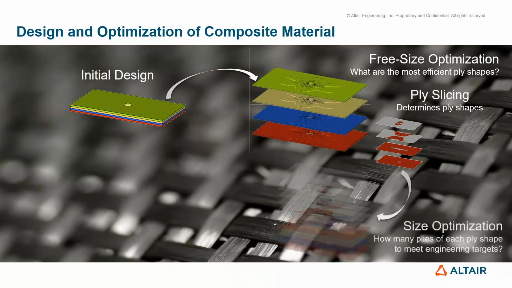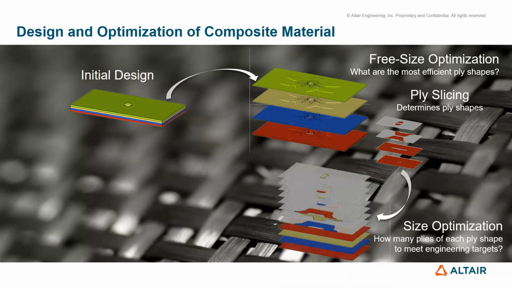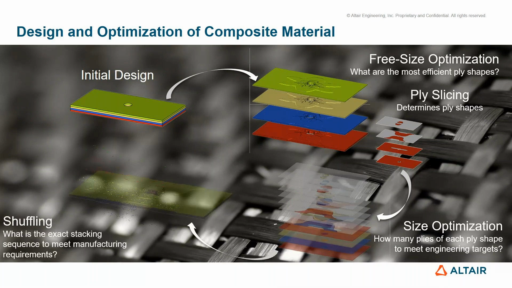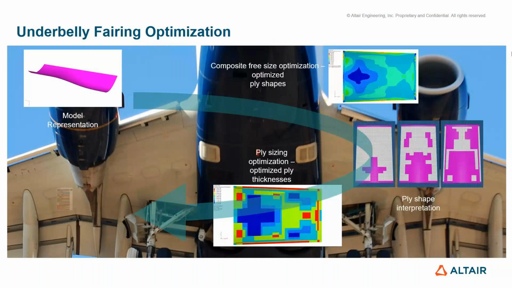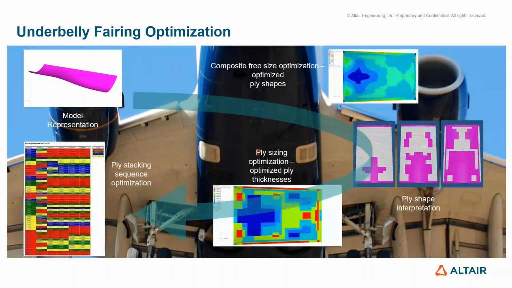Once the ply sizing is done, we will be performing the size optimization. After size optimization and shuffling, you will get the final output design. This is an example of underbelly fairing optimization, which has been done for Airbus.